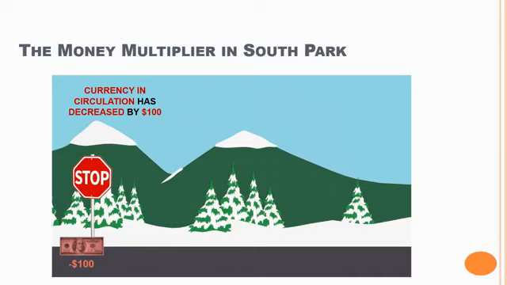It's not part of currency in circulation, which is quite interesting to think about, because, for example, the cash that you have in an ATM is not part of the money supply, because it's not in circulation. But as soon as you withdraw cash from an ATM, it becomes in circulation, and therefore it becomes part of the money supply.